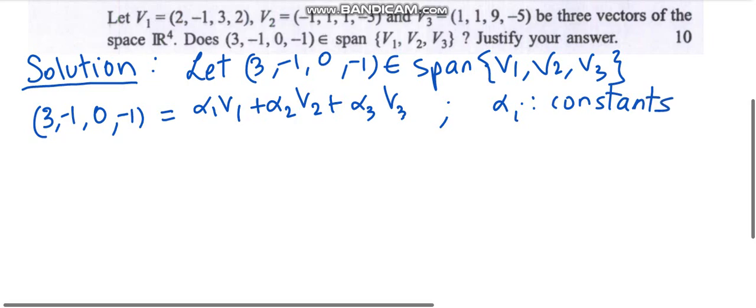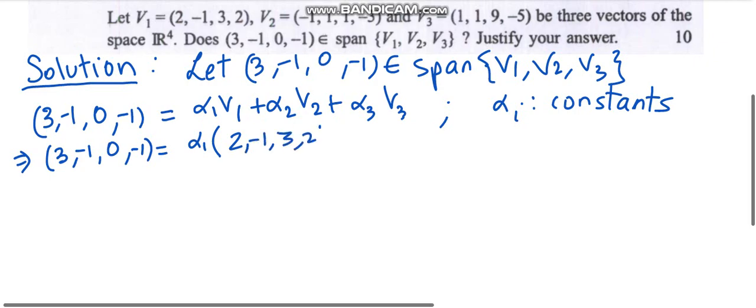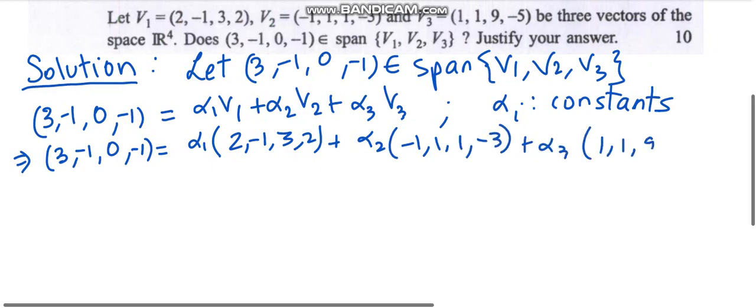Now this implies that (3, -1, 0, -1) equals alpha 1 times (2, -1, 3, 2) plus alpha 2 times (-1, 1, 1, -3) plus alpha 3 times (1, 1, 9, -5).